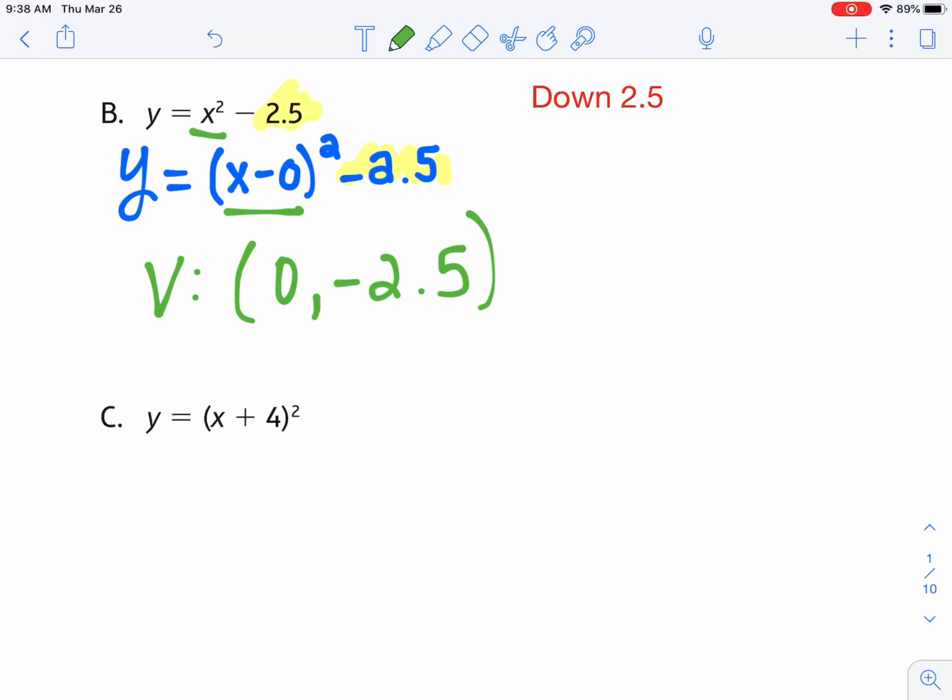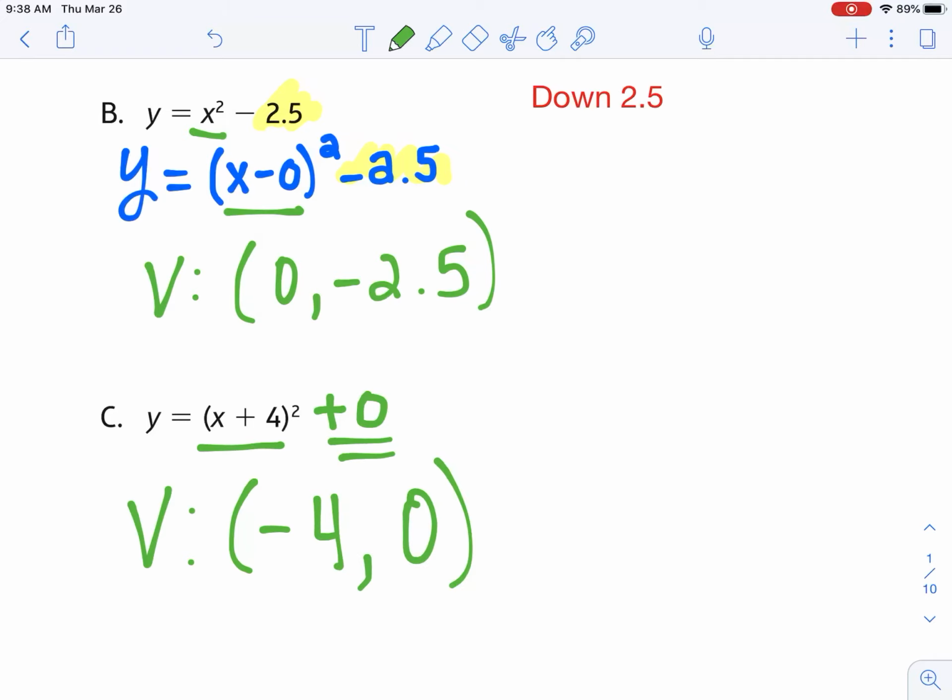And then this next one, if you prefer, we can put a plus 0 at the end here as a placeholder. So our vertex is the opposite of a positive 4, which is a negative 4, and 0 stays the same.